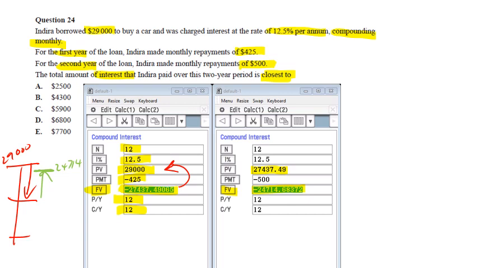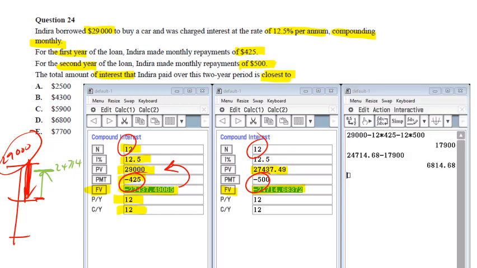So we know what this down is here because that is how much you paid, and you paid 425 12 times and 500 12 times. So if you first take your 29,000, go down to this point, you get 17,900. So this should be 17,900. So whatever this distance here is, that's your amount of interest, because the interest was charged against you and took the value of the loan back up again.